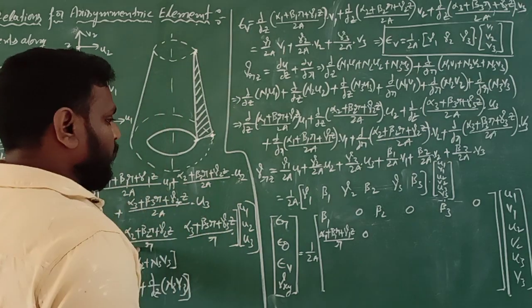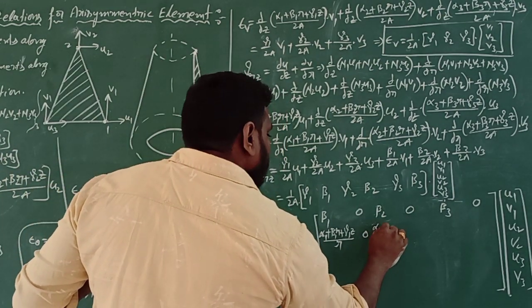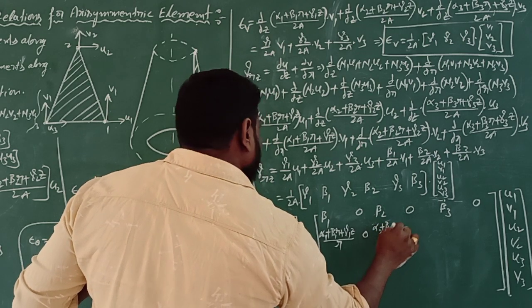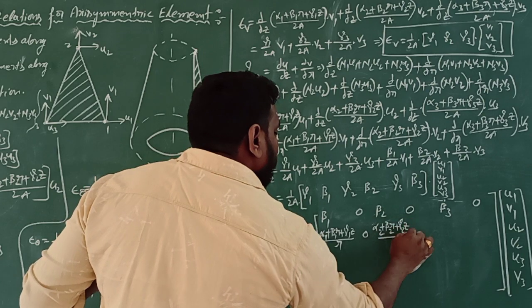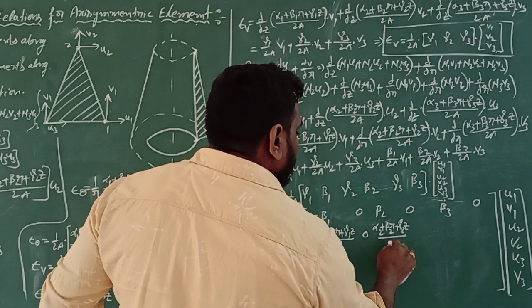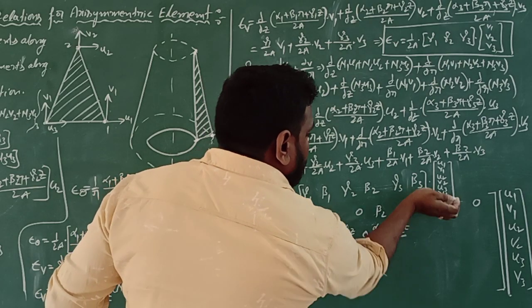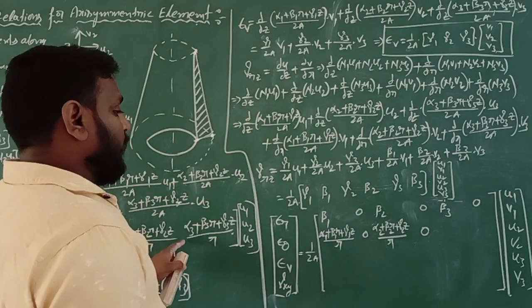Next, u2: alpha 2 plus beta 2 r plus gamma 2 z, whole divided by r; next 0, v2 0.